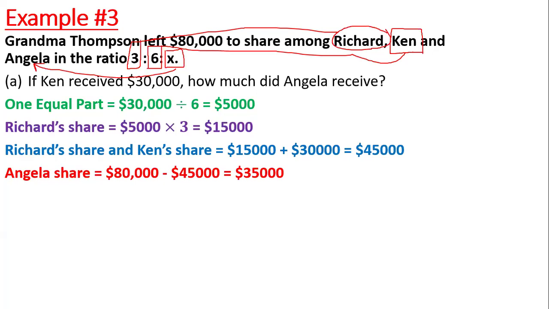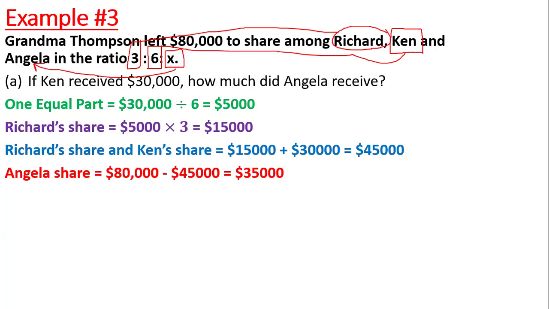You divide 6 by 30,000, which gives you 5,000. Then that 5,000 would equal Richard's share. And then you times that by 3 because in the ratio, Richard's share is 3. And that gives you 15,000. Then you'd add Ken's share plus Richard's share, and that gives you 45,000.